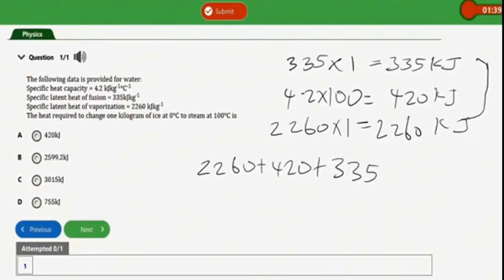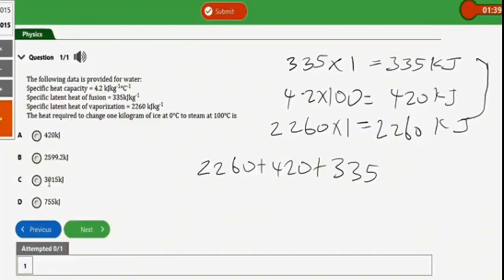Let's punch this on the calculator and see what it's going to give us. So we have 2260 plus 420 plus 335. What's the output? So we have it to be what? 3015. So the correct option here is what?